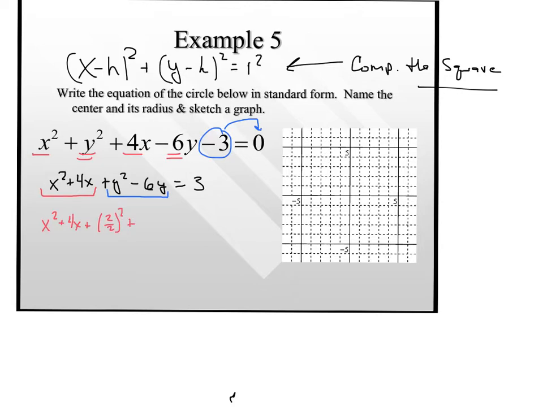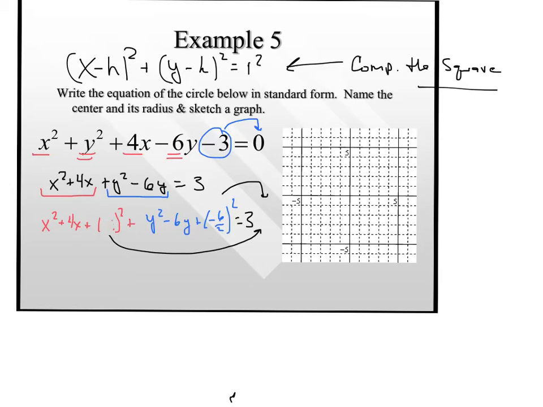I'm going to add that to my y and take the middle term, divide it by 2 and square it. And remember, I need to make sure that these also get added to the other side.